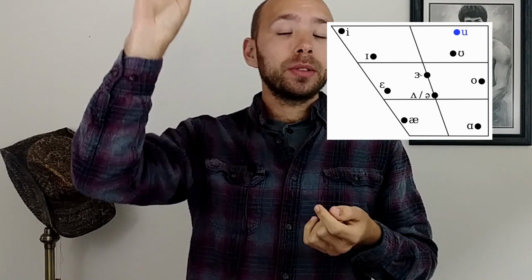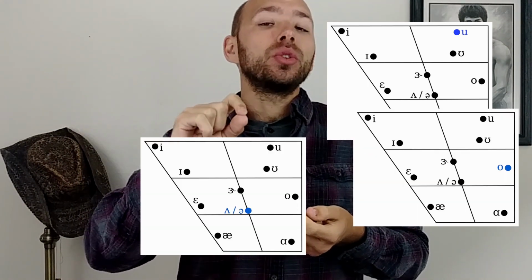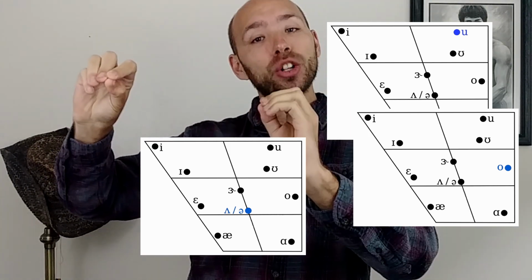Now note that if you're still really having difficulty finding the sound, you can use the U sound, the O sound, and the schwa sound to find the position using those as anchors.